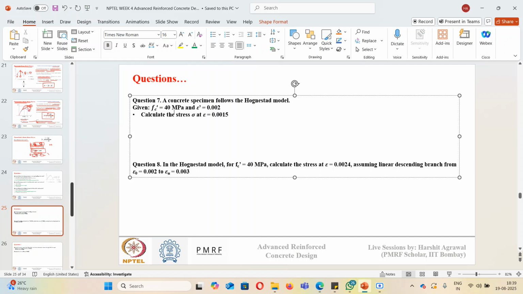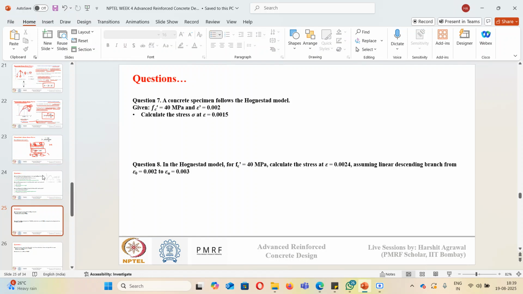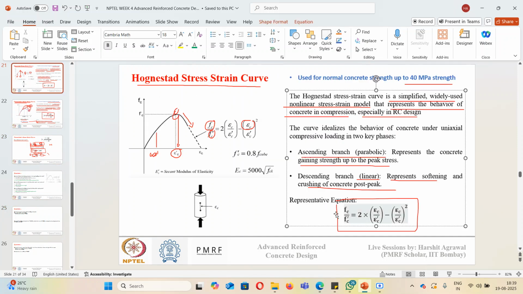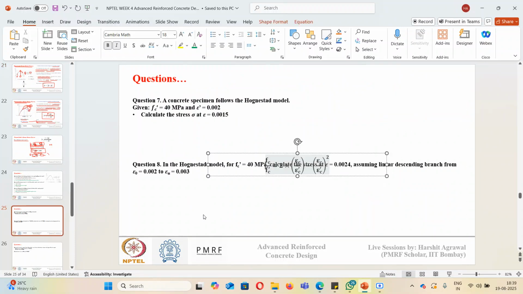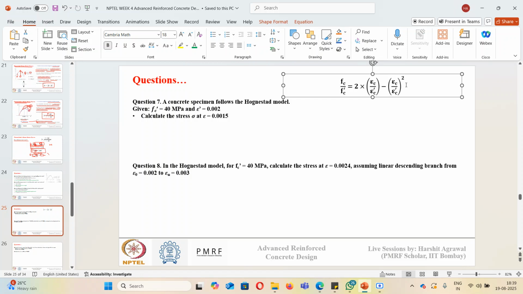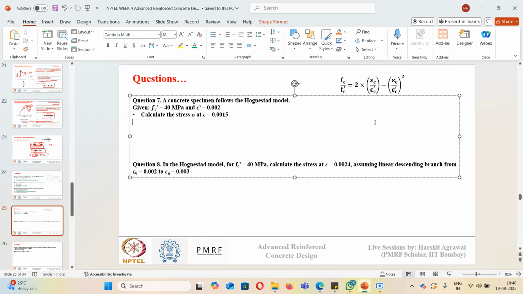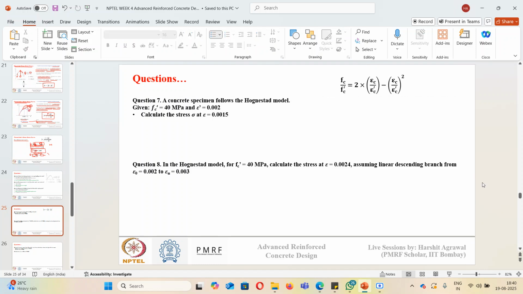And I need to calculate the stress at a strain value of 0.0015. Okay, so you know this equation. Just give it a try. I will just copy this equation there. Knowing that this equation represents a Hognestad model, calculate the stress at a strain value of 0.0015.